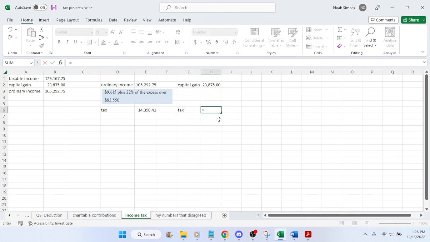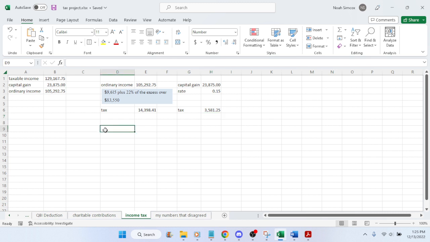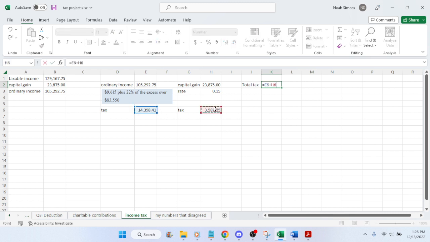Tax is going to be equal to, how about we just go, rate is 0.15. So we equal this times this. And there you go, there's the tax. And then total tax is going to be equal to this plus this.